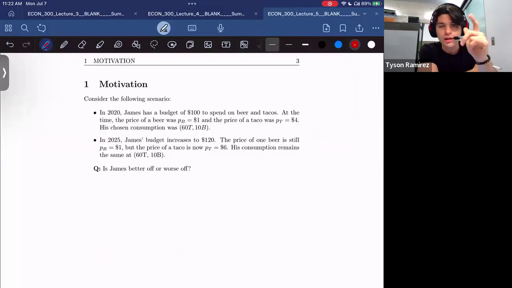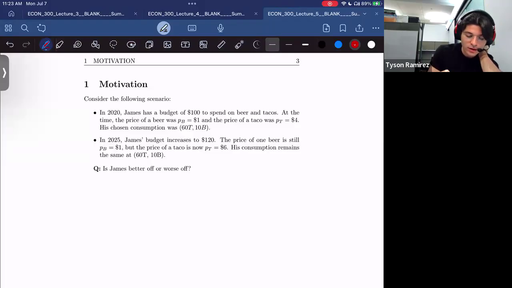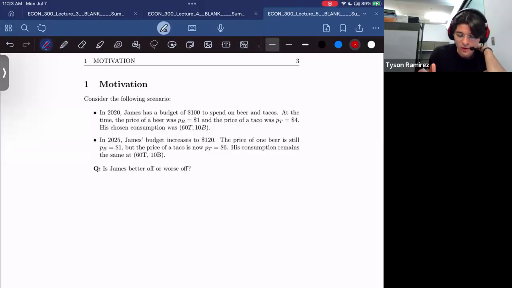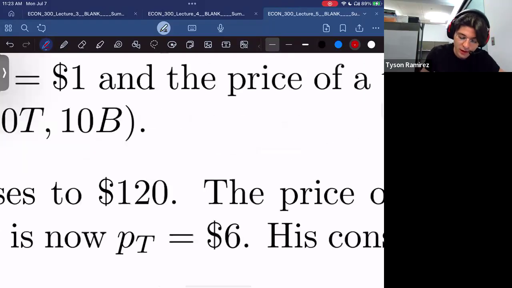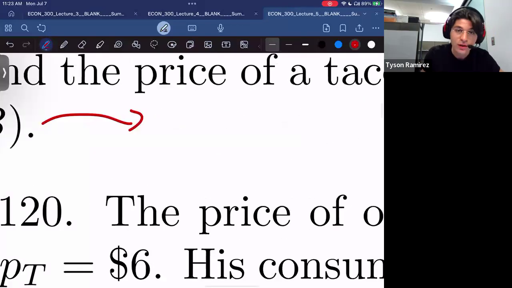So we want to consider two scenarios. All right. Suppose in 2020, this guy James has $100 to spend on his beer and tacos. And at the time, the price of a beer was $1 and the price of a taco was $4. Given these things and his preferences, his optimal bundle was 60 beers and 10 tacos.